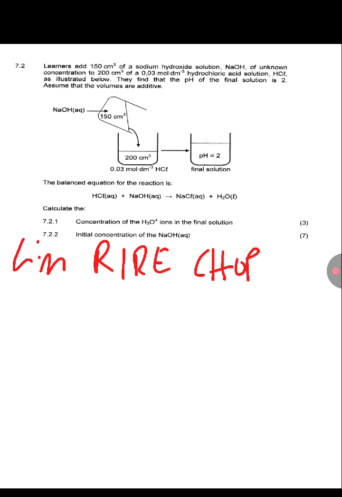So I used the pH, then got there, then used this. Remember, concentration is equal to number of moles in excess divided by the total volume when they are mixed together.